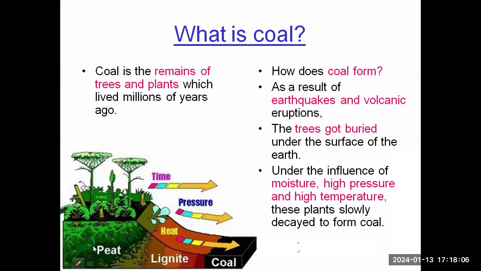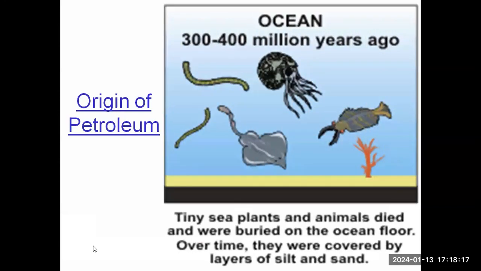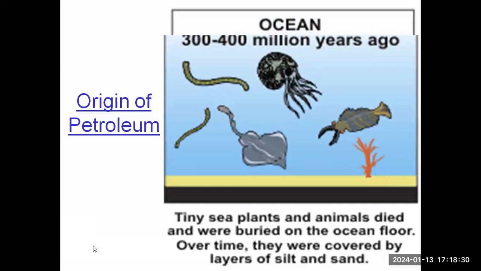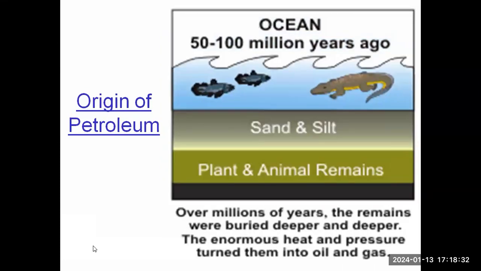Just like fossils, it is called a fossil fuel. Petroleum is also formed in the same way, but to make petroleum, marine organisms get buried under the ocean floor, and with the passage of time they convert into petroleum and natural gas. So both coal and petroleum are fossil fuels.